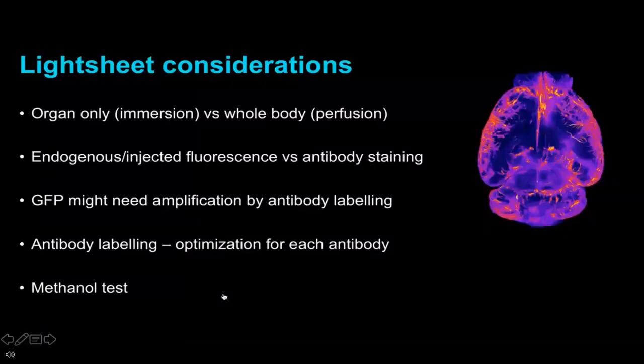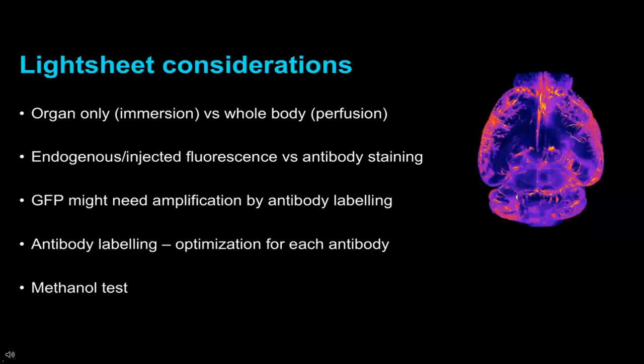Okay, so some more considerations here. You can use organ only, for example, with the iDISCO protocol, or you can use the whole body. Here you have to continuously perfuse the different chemicals, solutions into the body.